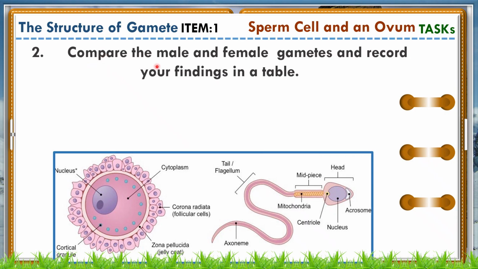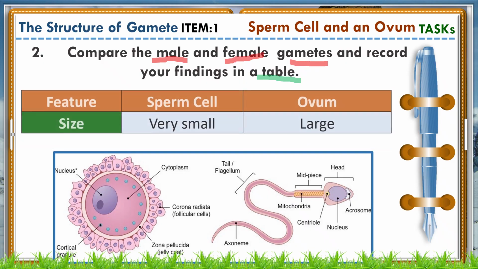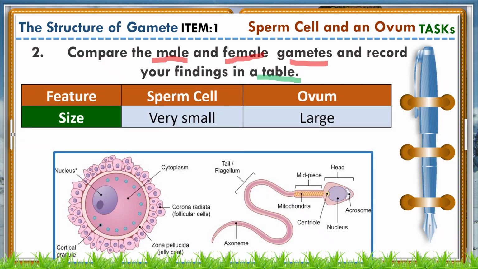Compare the female and the male gametes and record your findings in a table. So now we want to compare both of them, the male and the female gametes, and we record our findings in a table. We shall start with the sperm cell, and then the ovum.